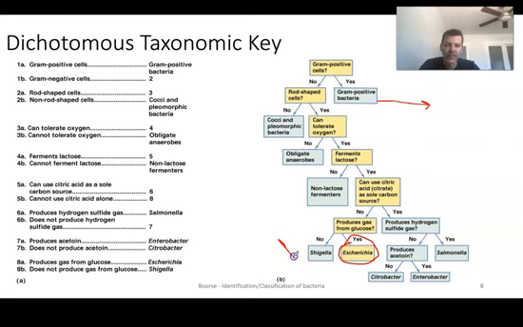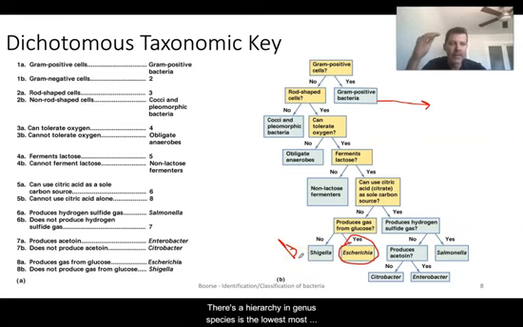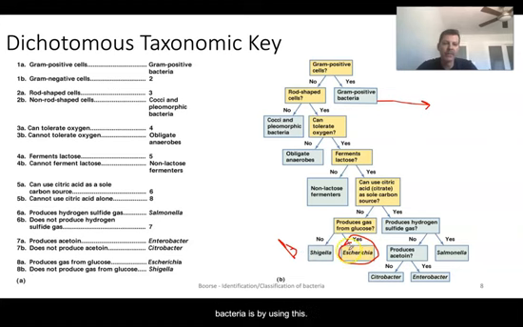Remember, oh, this doesn't write very well. I apologize. That was supposed to be a G. There's a hierarchy, and genus species is the lowest, most specific. So in not too long a period of time, you can have the answer of what genus of bacteria it is by using this logical progression called a dichotomous key.